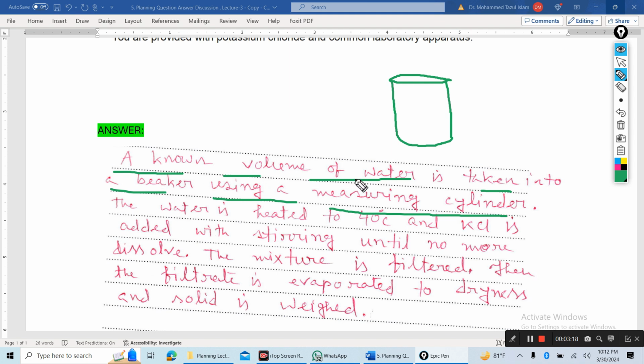You will take a beaker, and using a measuring cylinder you will take a known volume of water, or you can take 100 centimeter cube of water. 100 centimeter cube is a known volume.